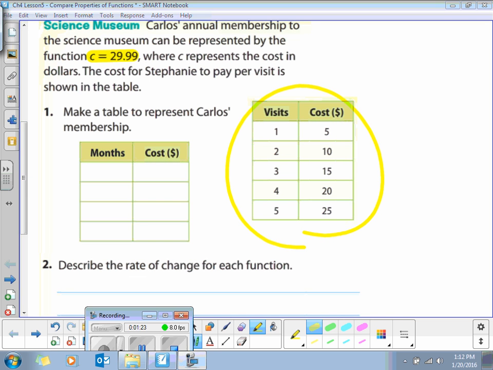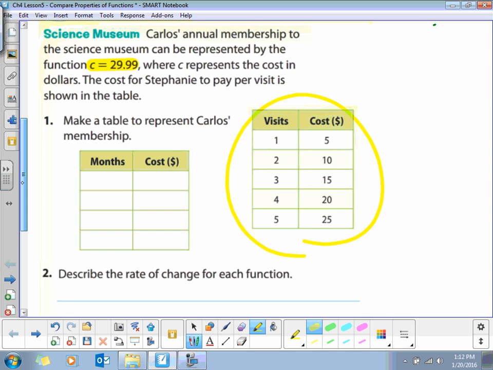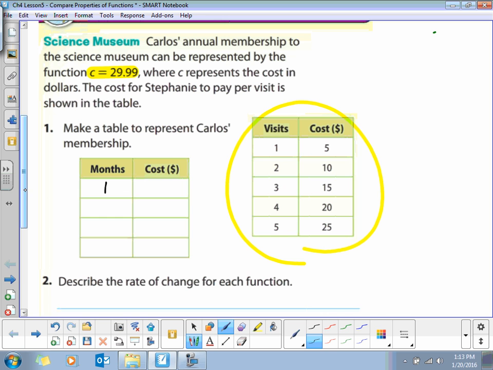First thing we want to do is make a table to represent Carlos's membership. So, after 1 month, how much is Carlos paying? $29.99.